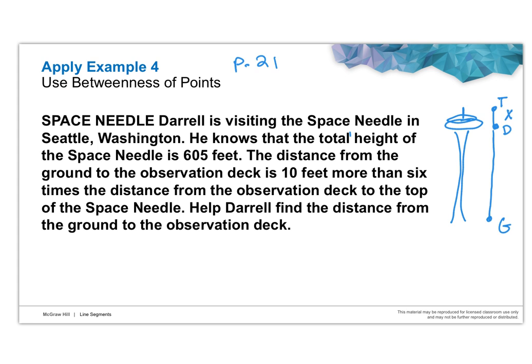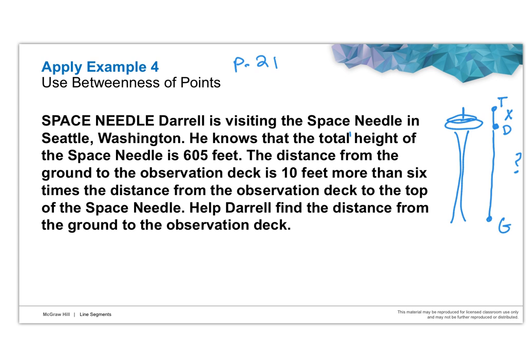That's our unknown concept. If you read the last sentence of a word problem, often in math, it's asking you to figure out what you're actually solving for. It says, help Daryl find the distance from the ground to the observation deck. This is going to be our unknown here: ground to deck, or GD.